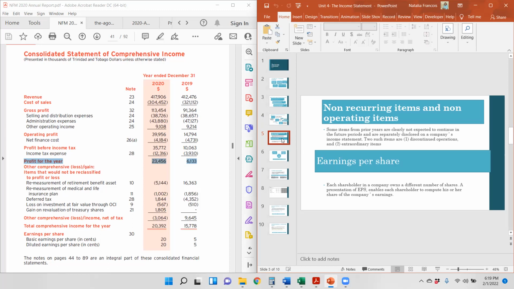They may not be in the business of selling or getting any benefit from insurance, but they may have done it and got money for the company. So it must be reported. These other items that are not part of the company's regular activities are reported below the profit for the year.